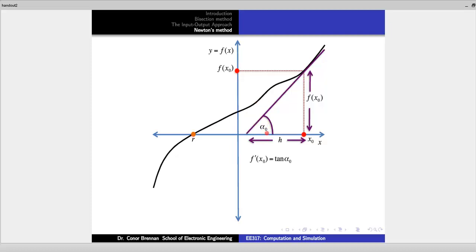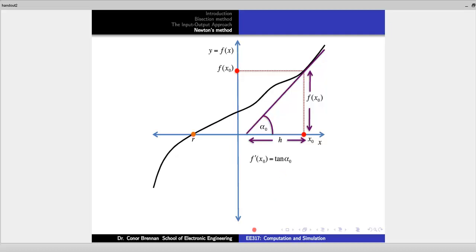It intersects the x-axis and makes this angle here, alpha 0. The derivative f dash evaluated at x0 happens to be equal to the tan of this angle. It's the slope of this line. We know that from first year; that's the definition of a derivative.